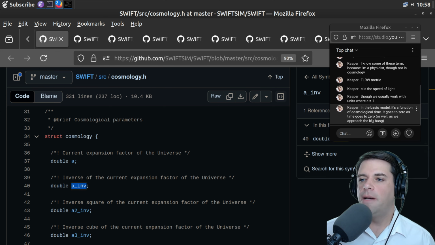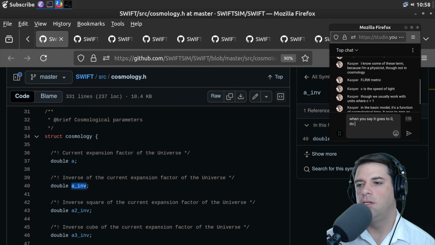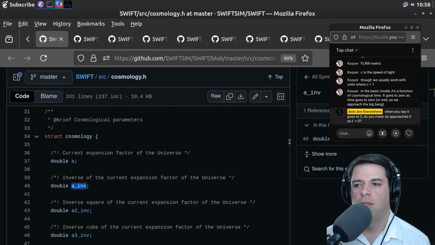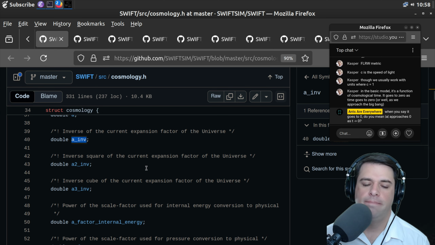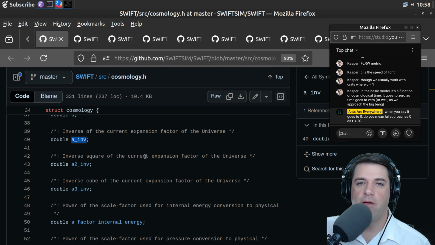So when you say it goes to 0, do you mean the absolute value of A, or the norm of A approaches 0 as t goes to 0? Something like that. I guess that would make sense if that's the correct interpretation. That would make sense why there's a contraction, right? If the expansion is smaller and smaller.